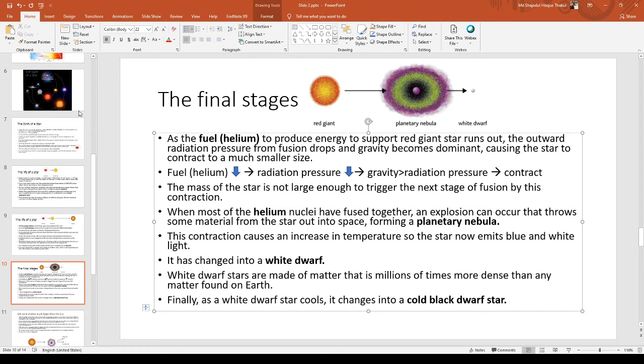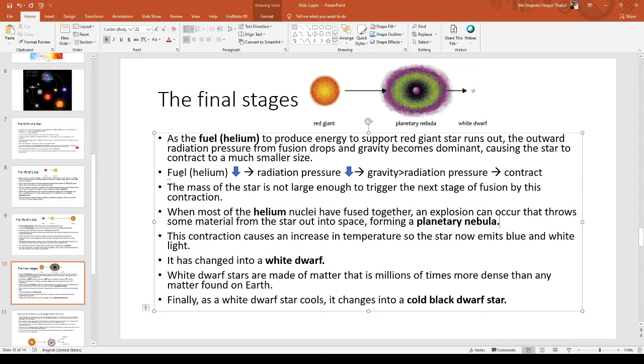Dwarf planets, if you remember from slide one, please go check the first video. In slide one, we talked about this. Dwarf planets are the planets after Neptune.